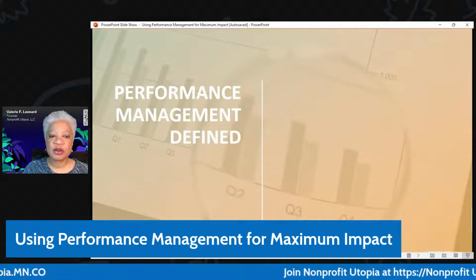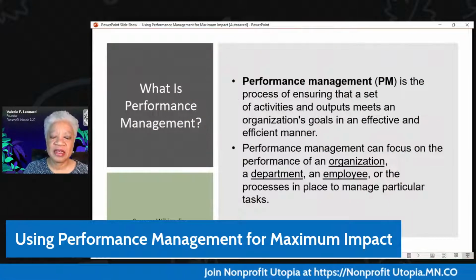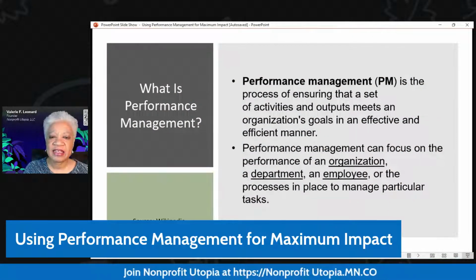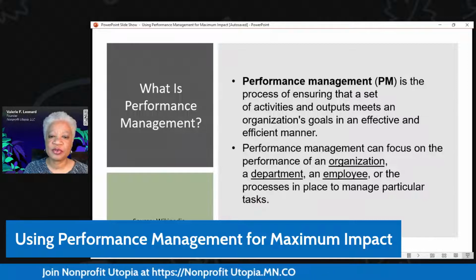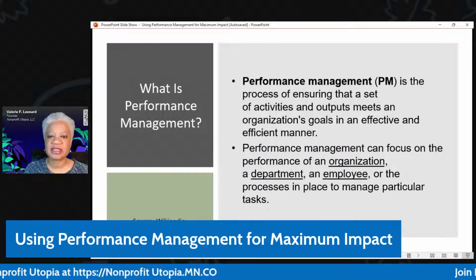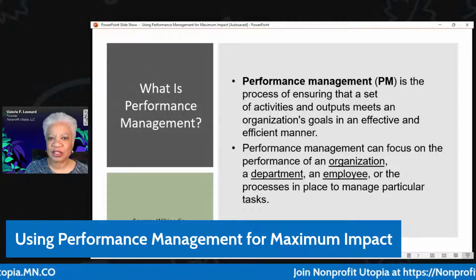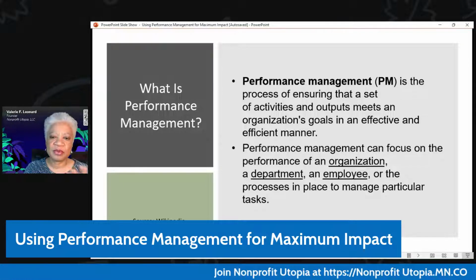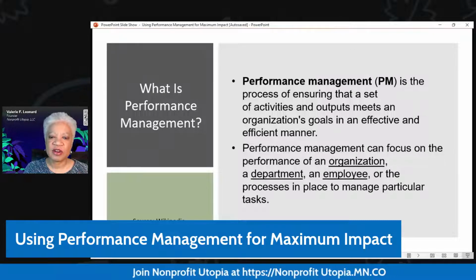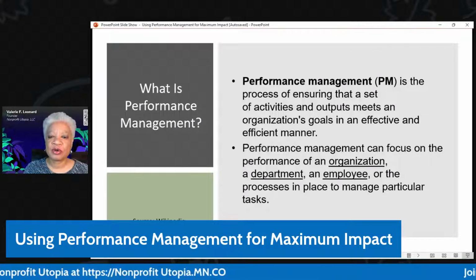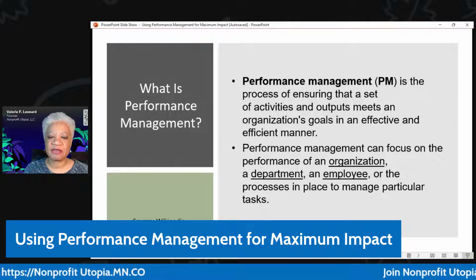All right, so performance management defined, it's actually the process of making sure that you have a set of activities and outputs. And when we talk about outputs, we're talking about production, the number of units, number of people that you intend to serve. We want to make sure that that productivity meets your goals and objectives in an effective and efficient manner.